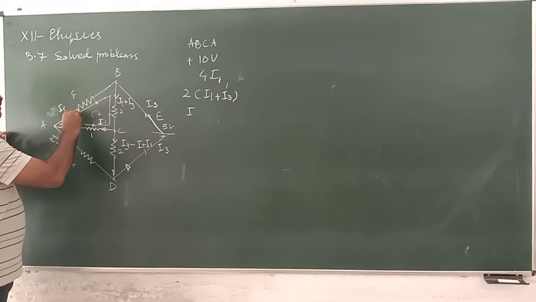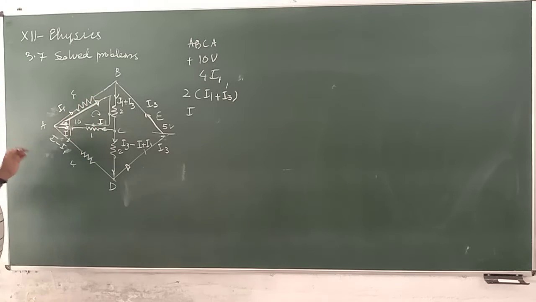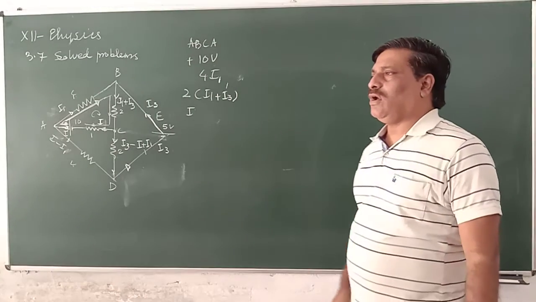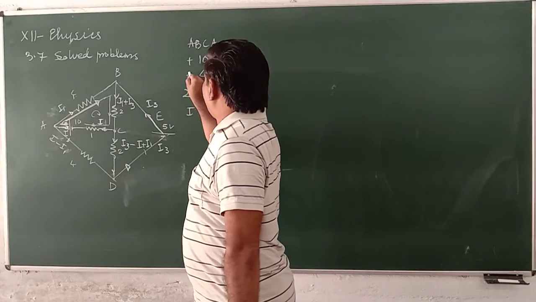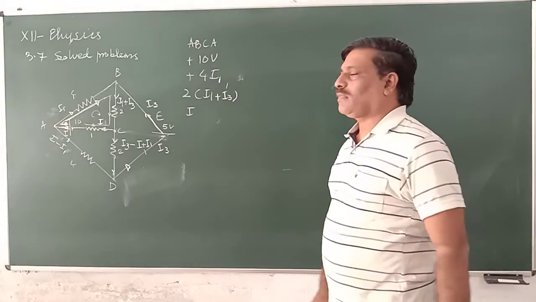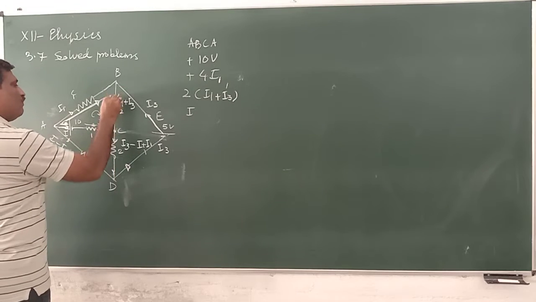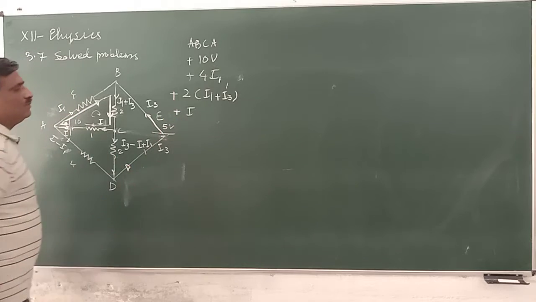See, the current through this branch is going here, and the traced loop direction is also this one. The rule is that if the current through a resistor is along the traced loop direction, then it is positive, so it becomes positive. In a similar manner here also, current and these two are positive. This is also positive. This is also positive.